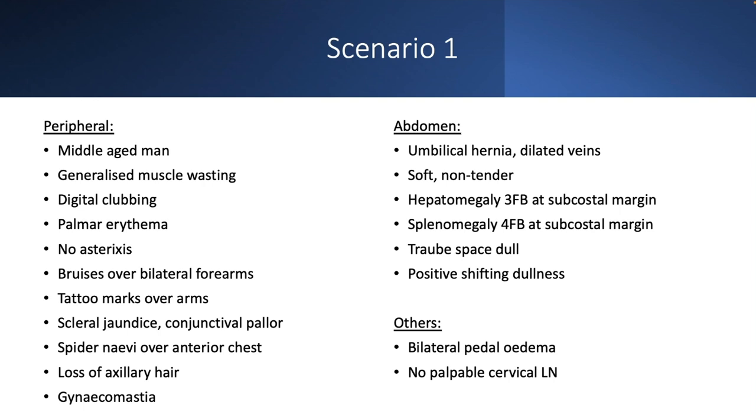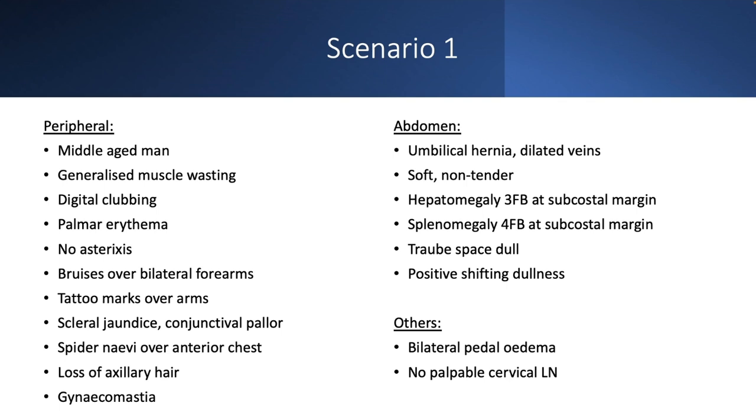Other investigations would be a renal profile to look for hepatorenal syndrome involvement. Etiology wise, I will send for hepatitis B, hepatitis C, HIV, and also a fasting lipid profile and fasting sugar profile. For autoimmune screening, I would also like to send any liver specific antibodies. So this would be my blood investigation.